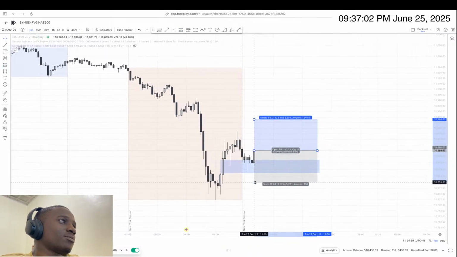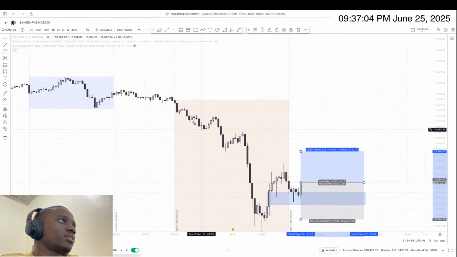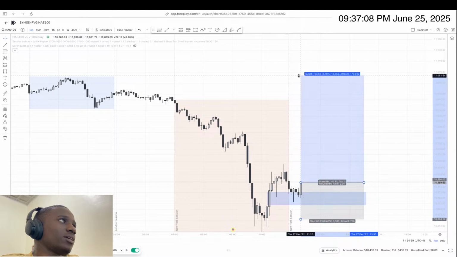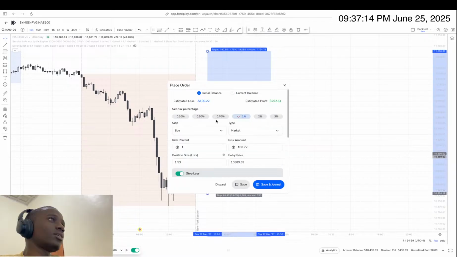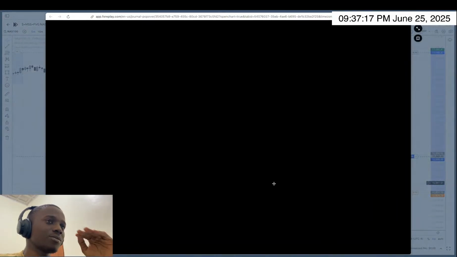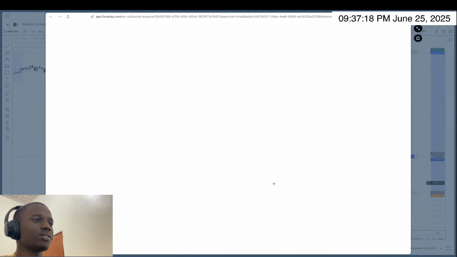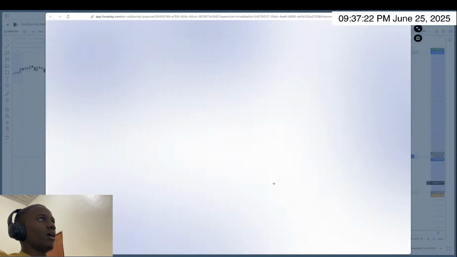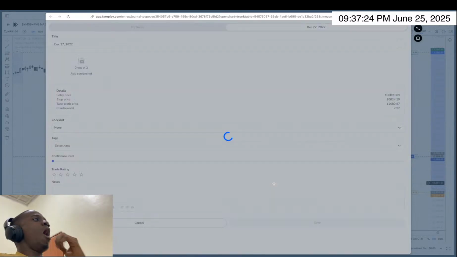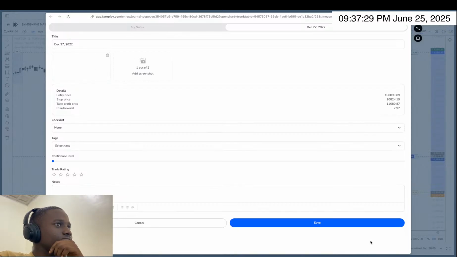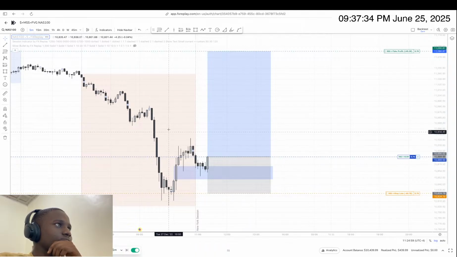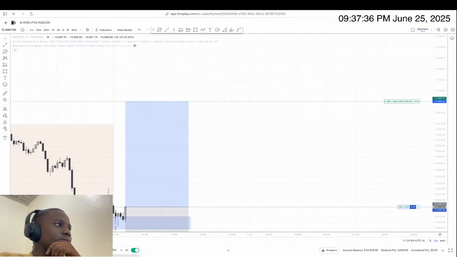So I'd like to take this entry and target these highs and these highs, like London high, previous session high, giving us a 3R, and my risk is 0.5, because we lost the last one, so we cut our risk by half. Let's see how this plays out.